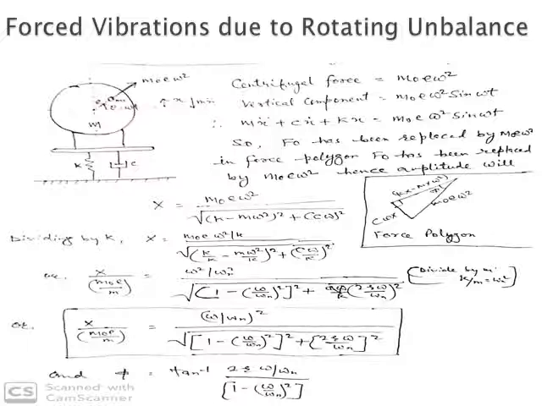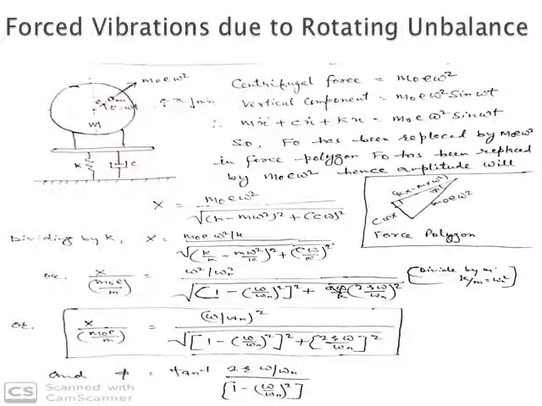One is the vertical component and the other is the horizontal component. The vertical component is m0 e omega square sin omega t, whereas the horizontal component is m0 e omega square cos omega t.